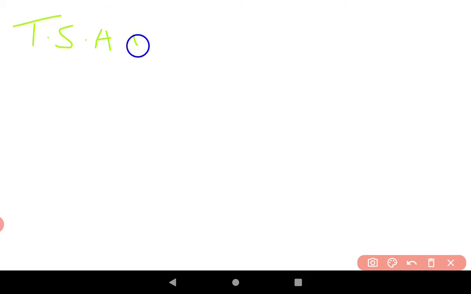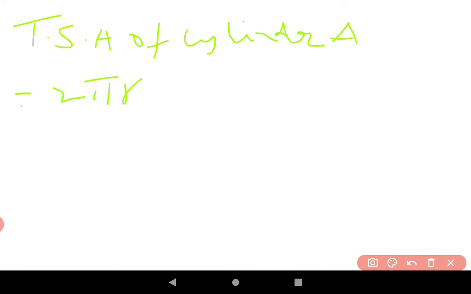TSA of cylinder A is equal to 2 pi r into h plus r.